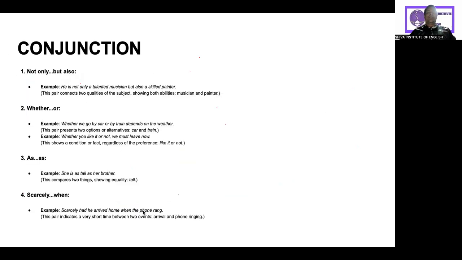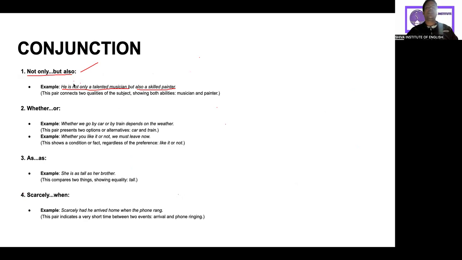Fine. Now let's come to some of the words that students generally need help to understand. The first one is not only...but also. The example given is: he is not only a talented musician, but also a skilled painter.